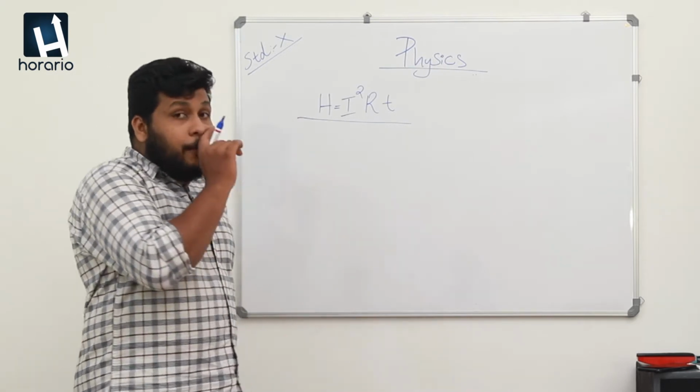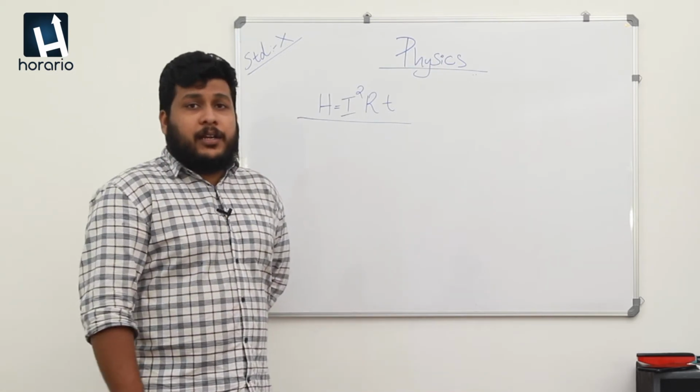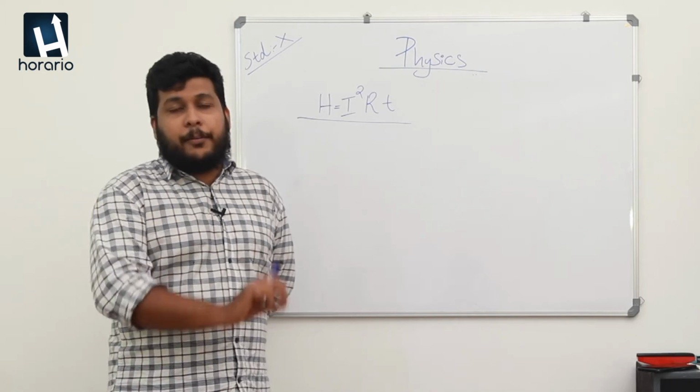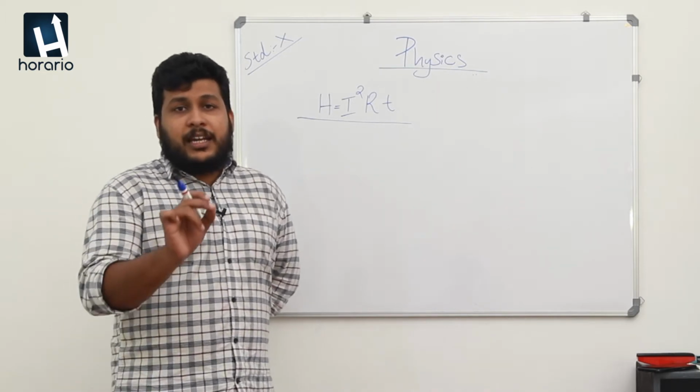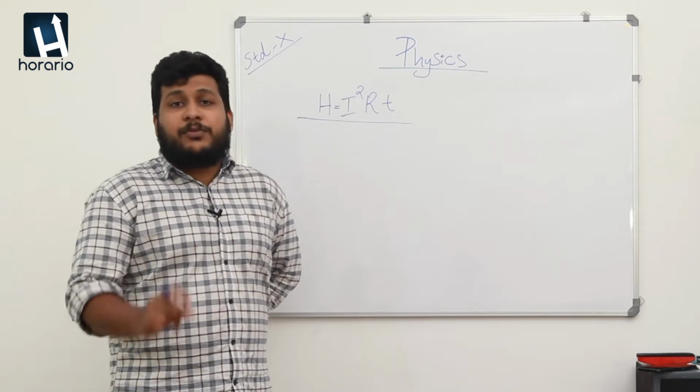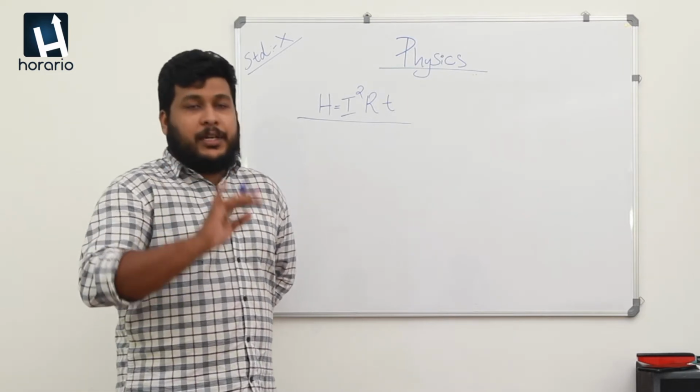We are considering an electrical equipment working with a current of 0.2 ampere and it has a resistance of 100 ohm and it works for a time of 5 seconds.